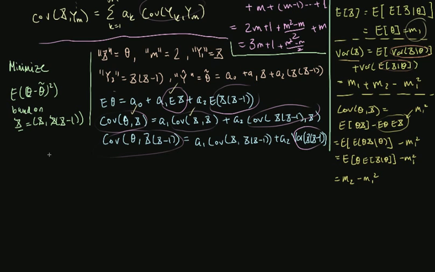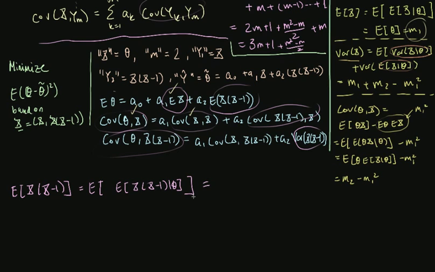We can try and take a look at the mean of x multiplied by x minus 1. Now, this is, again, using the double expectation property. This is the mean of x multiplied by x minus 1 given theta. Then we can take the expectation of that, and the double expectation property gives us that this is equal to this.